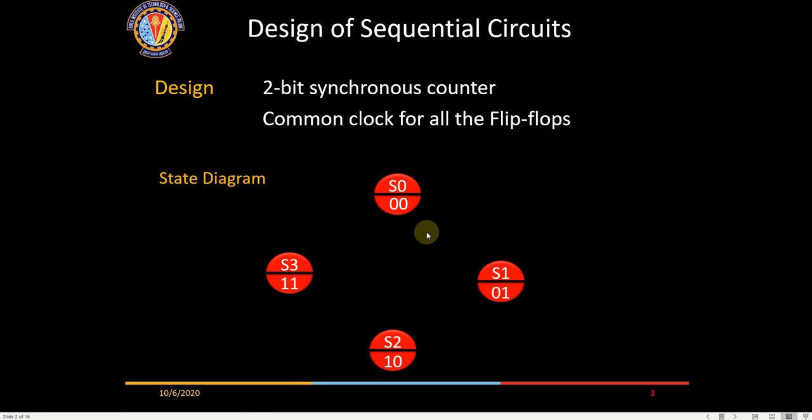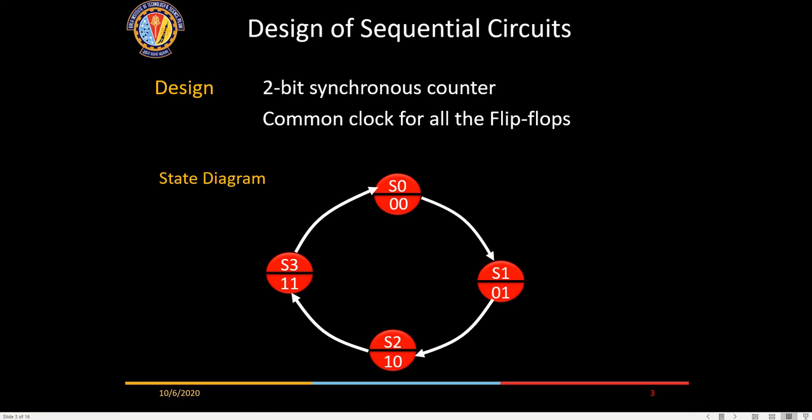From this state it goes to this state, then to this state, and it has to return back. This is the state diagram representation of a 2-bit counter. Is the state diagram clear?